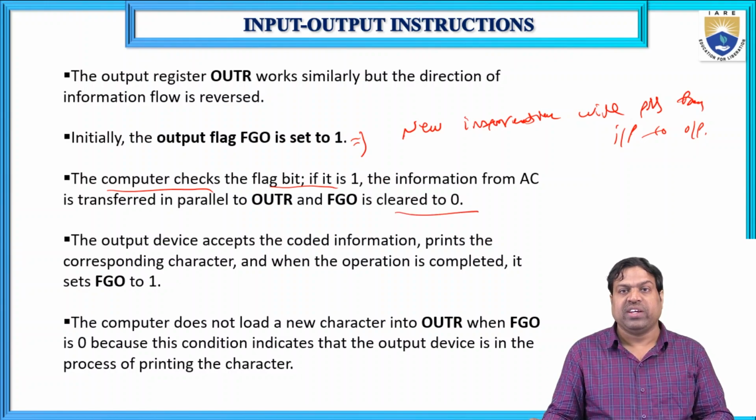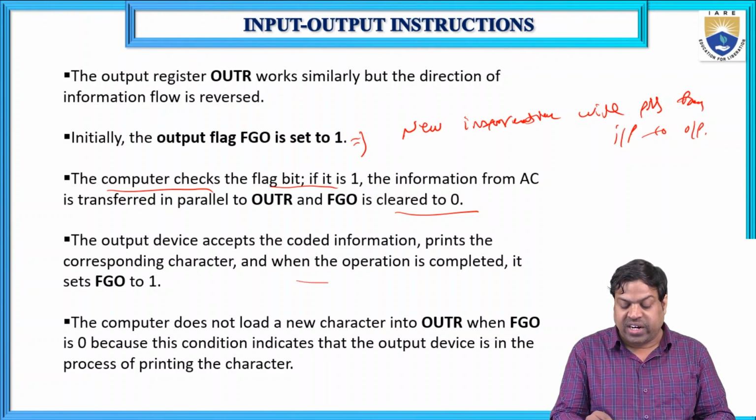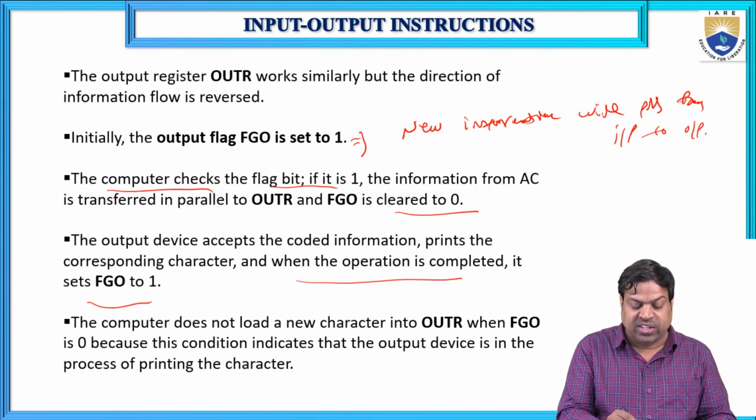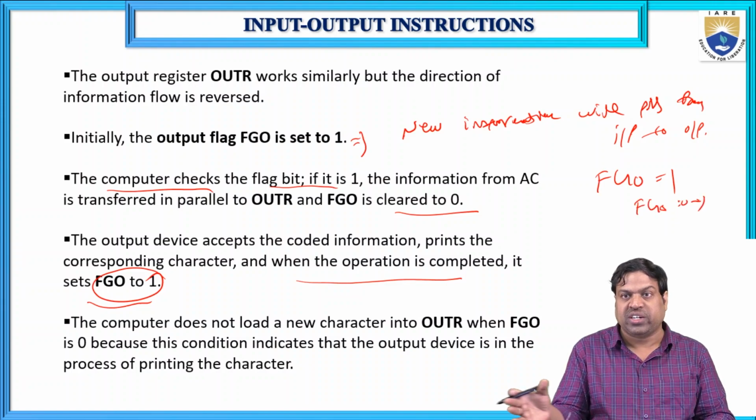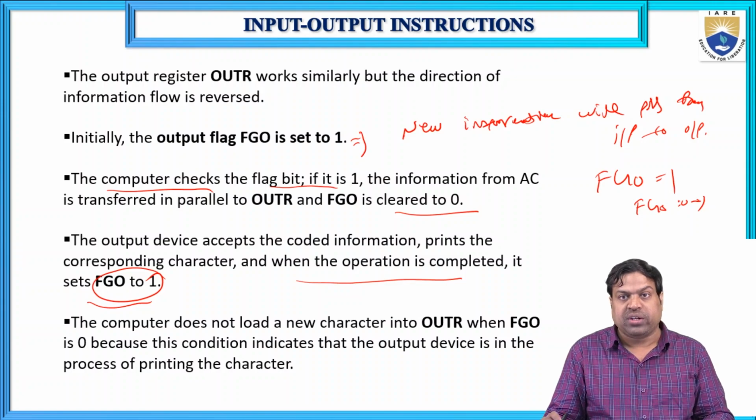The output device accepts coded information and prints the corresponding character, and when the operation is completed, FGO is set equal to 1. When FGO equal to 0 means it is passing the data, and the computer does not load a new character into the output register.